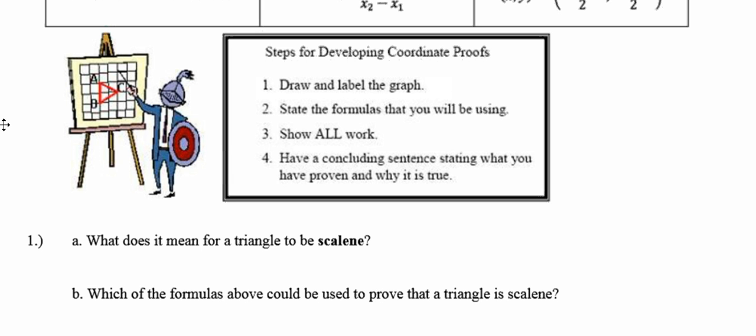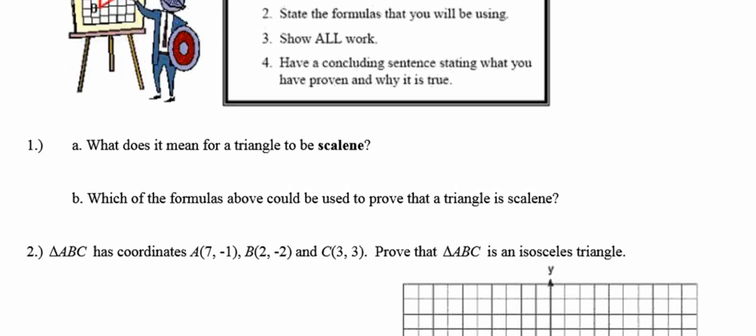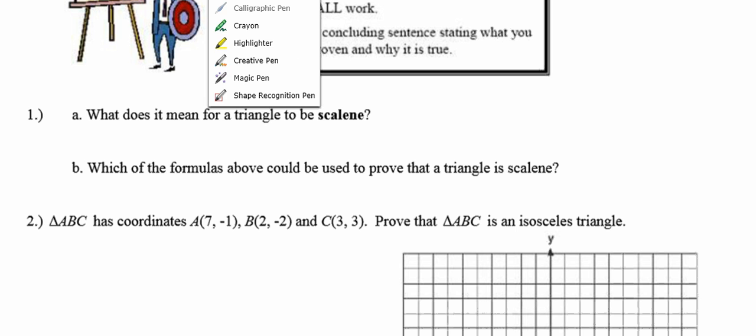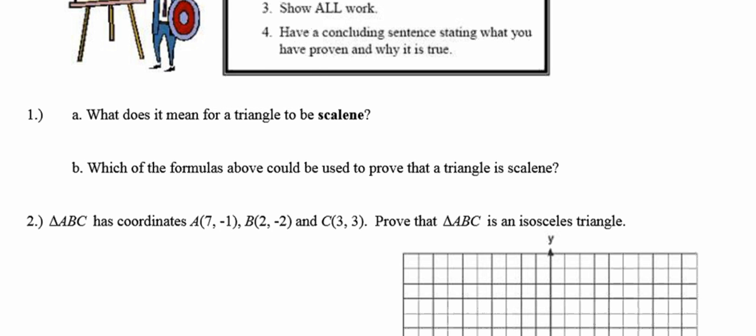In number 1, it wants to know, what does it mean for a triangle to be scalene? So I'm going to ask you to dig back to your middle school years and your knowledge about triangles and their classifications, and think about what it means for a triangle to be scalene.